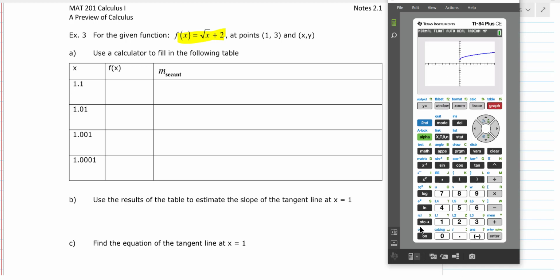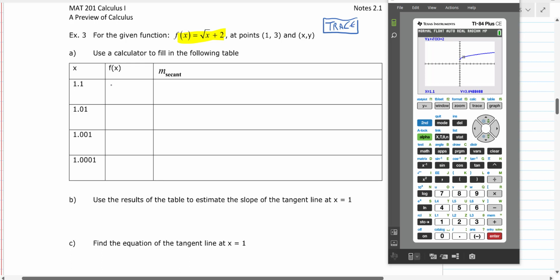Okay, all right. So we're going to do some calculations on this, and you want to use your calculator to do this pretty quickly. This is the x value, and I'm going to use this trace button, okay? If you're not familiar with this, you definitely want to get familiar with this. So when you type trace, then you should just type in the x value, and then we're going to record what that function value is.